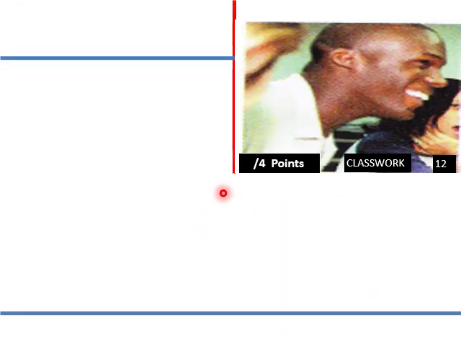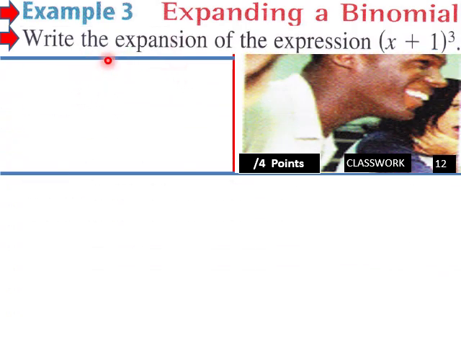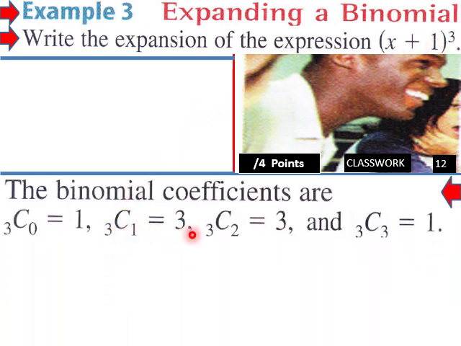So let's try one now. Example 3, expanding a binomial. Write the expansion of this expression here. The binomial coefficients now: 3 choose 0 would be 1, 3 choose 1 would be 3, 3 choose 2 would be 3, and then 3 choose 3 would be 1. So here are our exponents, 0, 1, 2, 3.